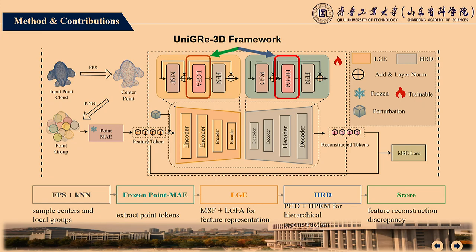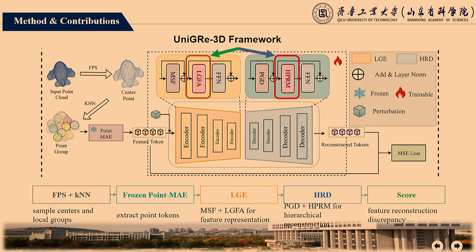This slide shows the overall framework of the proposed method. First, the model uses FPS, which stands for Farthest Point Sampling, to sample point cloud centers, and then uses KNN to construct local point groups. After that, a frozen Point-MAE is used to extract point cloud token features.